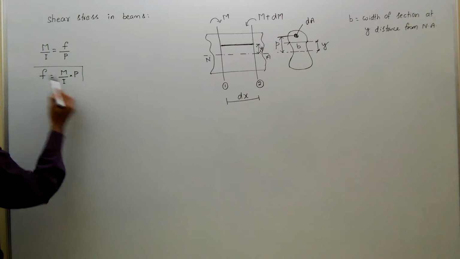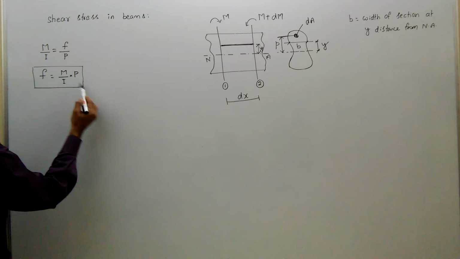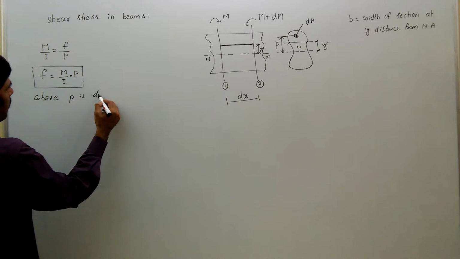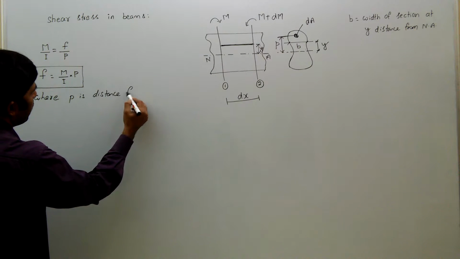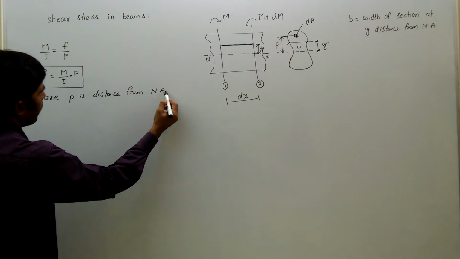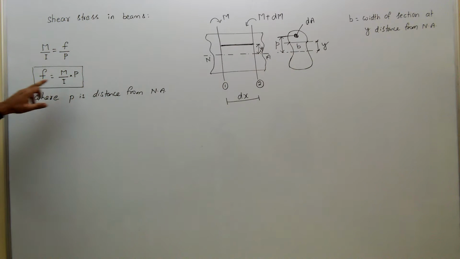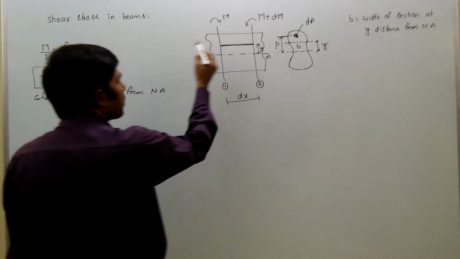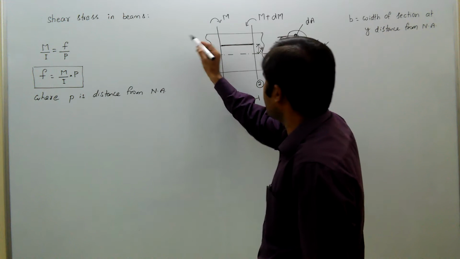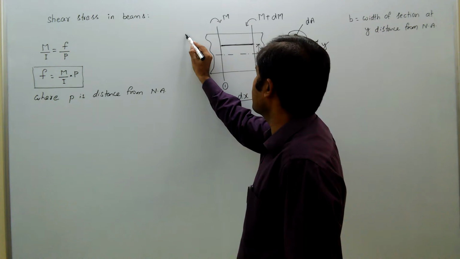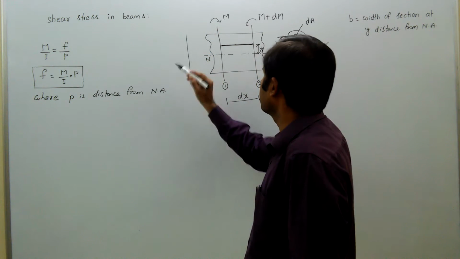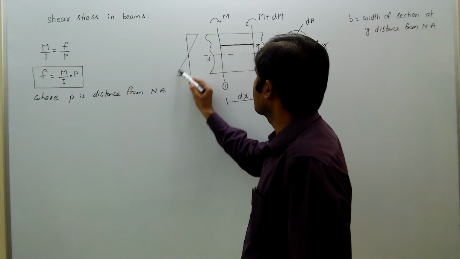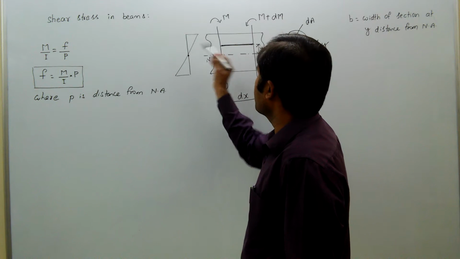This is one formula: stress at any level, where p is the distance from the neutral axis. At a distance p from the neutral axis, the stress will be M by I into p. At section 1, the stress will be like this.